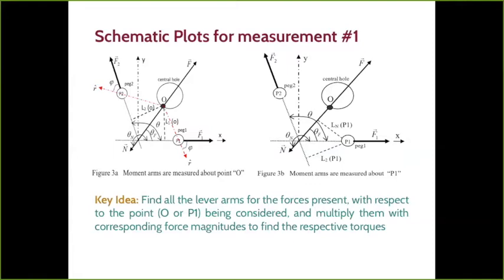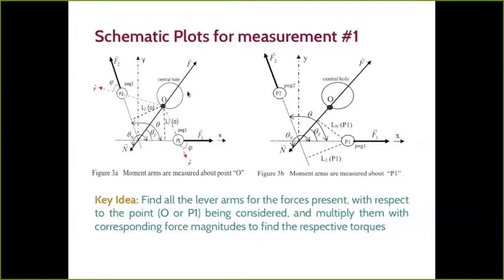So the key idea is that you have these F1 and F2 forces on your two sides. This is F1, this is F2. What you do is you get the line of action, or the acting lines, of these forces from the diagram on the table that I showed in the previous slide, which is the experimental setup. And then you draw these lever arms.